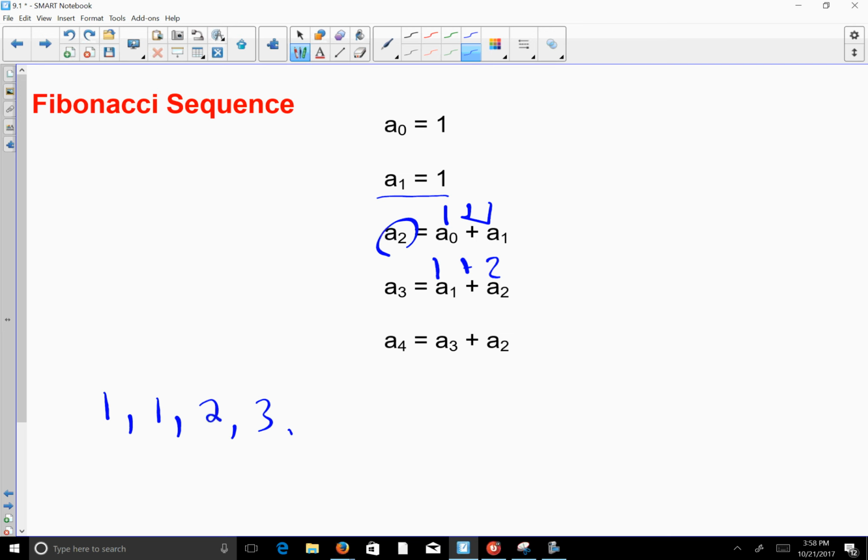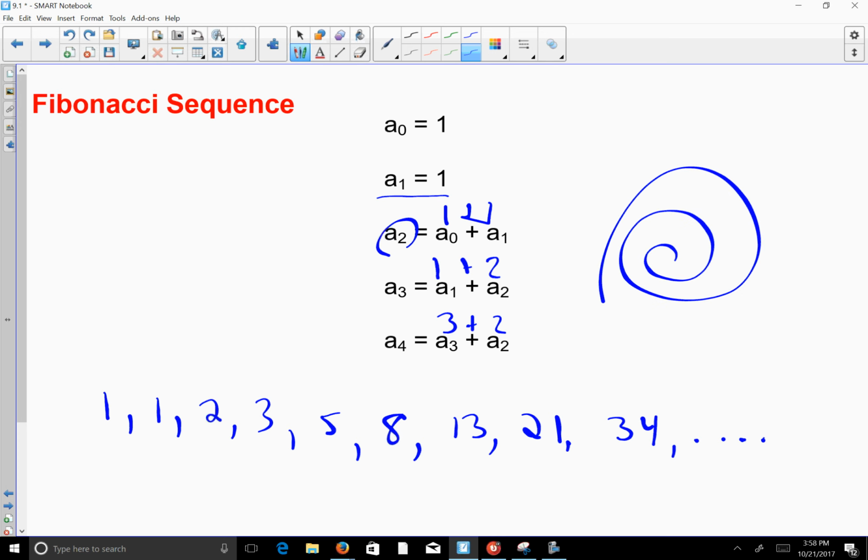Then to find the fourth term, I take the third term, which was 3, and I add the term before that, which was 2, and I get 5. To keep on following this pattern, I take 5 plus 3 and get 8, 8 plus 5 and get 13, 13 plus 8 and get 21, 21 plus 13 and get 34, and that's how the Fibonacci sequence would continue. You might recognize a Fibonacci sequence because it kind of makes that conic shell.